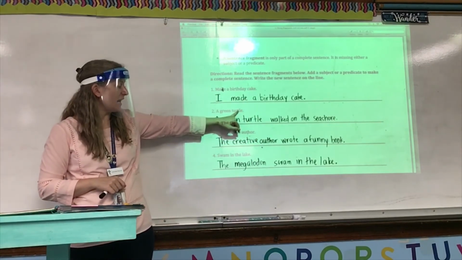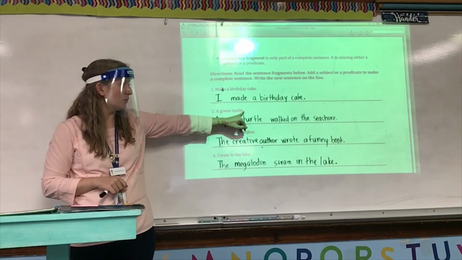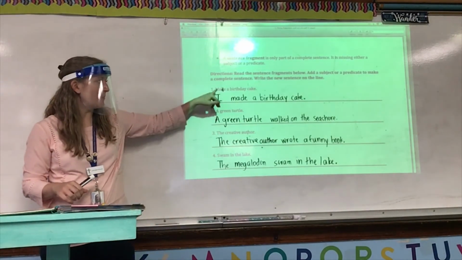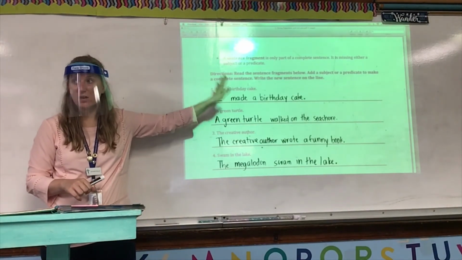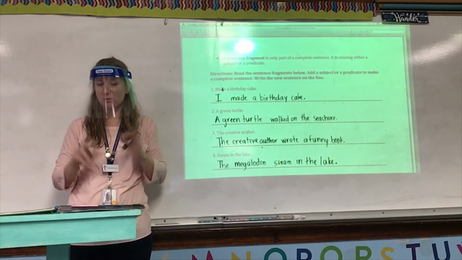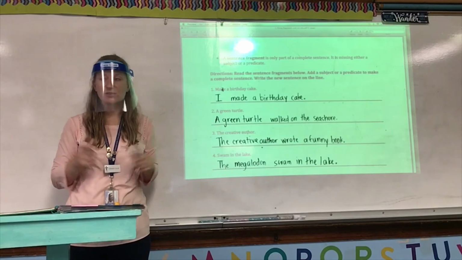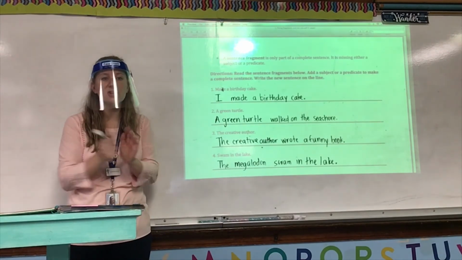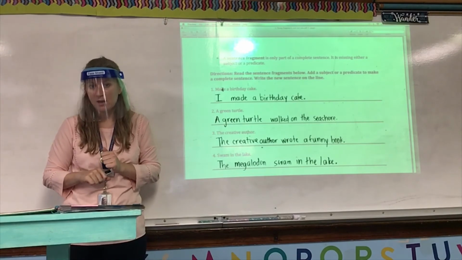Or if you are adding a predicate, you will move the period to the end of the predicate. So make sure you're copying all the words exactly as they are, but watch out for capitalization and end punctuation. Put them in the right spots. So does everybody understand fixing fragments? That's what you're going to do on the first page of your independent practice.